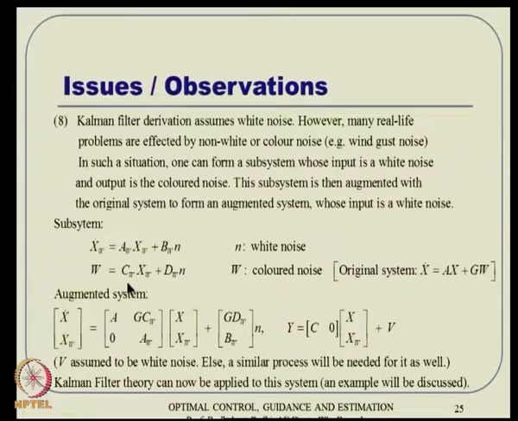So you have xw dot equals something like this, where n is white noise and w is colored noise, a function of xw and the white noise both. You can put that in state space form and carry out the algebra. Now the Kalman filter theory can be applied to the entire augmented system. This is typically called the shaping filter idea.